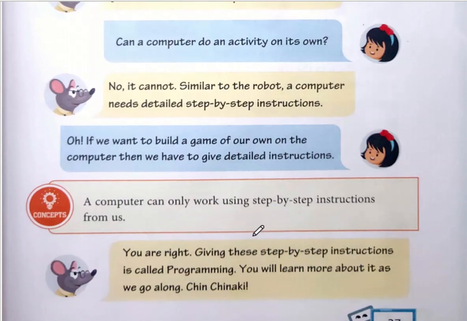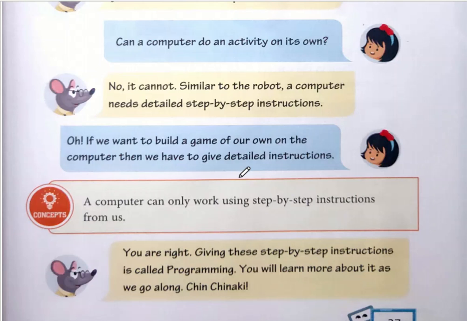Now, Jyoti, if we want to build a game of our own on the computer, then we have to give detailed instructions. As we have seen in the case of the Scratch program, whatever script we write in the script area, in the same way the sprite performs the same activity on the stage.